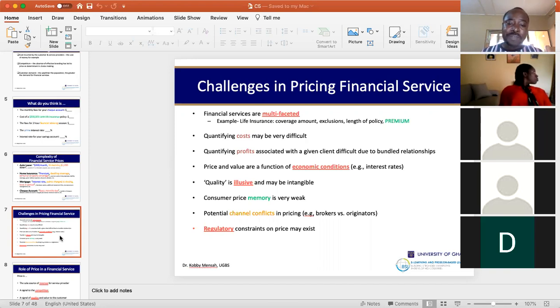Of course, quantifying cost may be very difficult, as we're actually talking about, and quantifying profit associated with a given client is also difficult due to the bundled relationship, as I said.